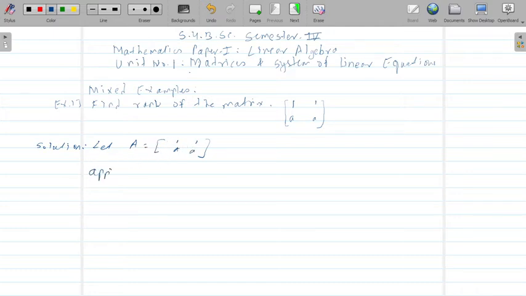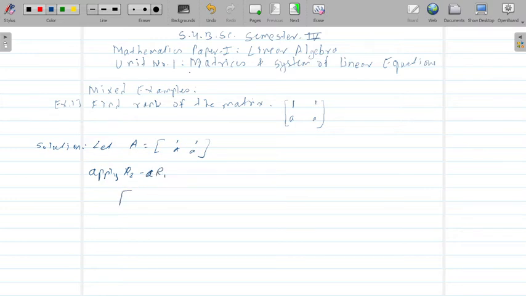A11 is already 1, so we have to make all entries below A11 equal to 0 by using the R1 row only. The R2 row's first entry is a, so we can multiply the R1 row by a and subtract from R2. So apply R2 minus a times R1.